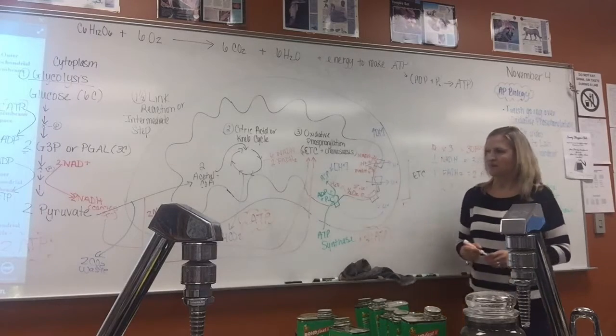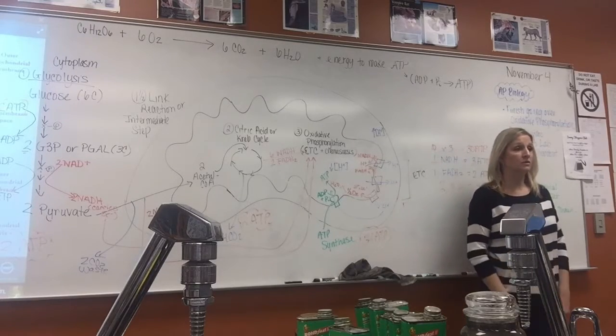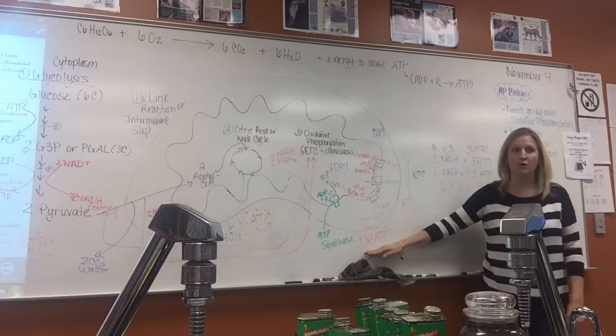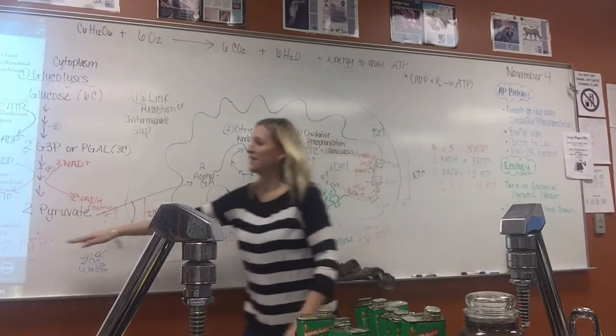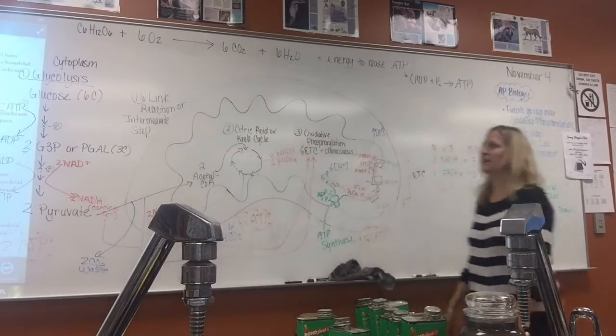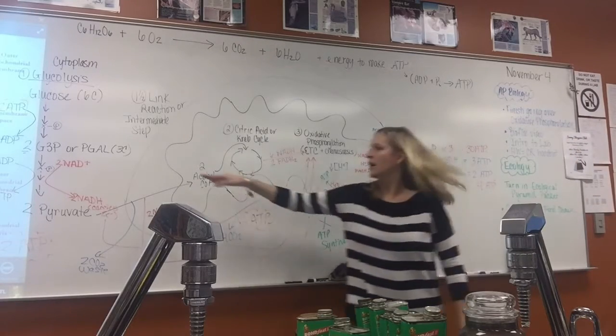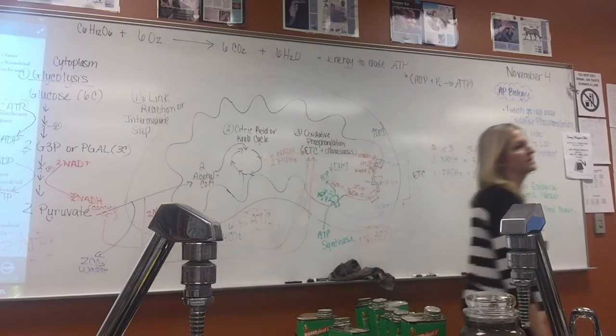So therefore, our total for the whole process of cellular respiration is 34 plus 4 gives you 38. All right. So the other 4 are coming from the 2 from the Krebs cycle and the 2 from the glycolysis.